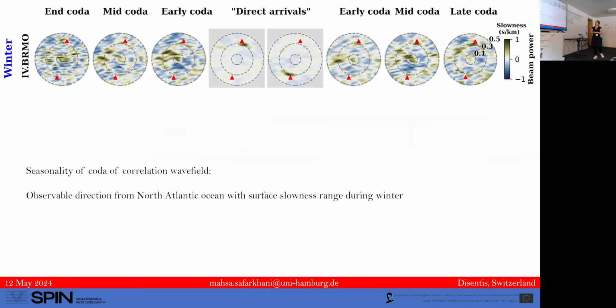But we still see the most coherency for the direct arrival is related again to the master station and receiver, regardless of winter, summer, or yearly. We also have most coherency from the same direction and same slowness range regarding the North Atlantic Ocean, in the surface wave slowness range.